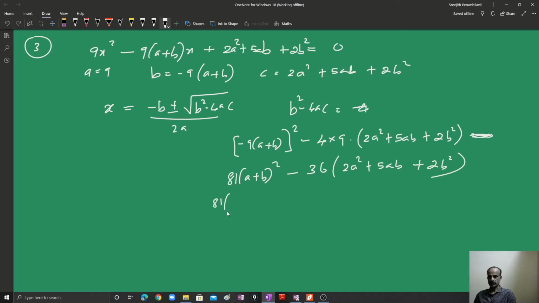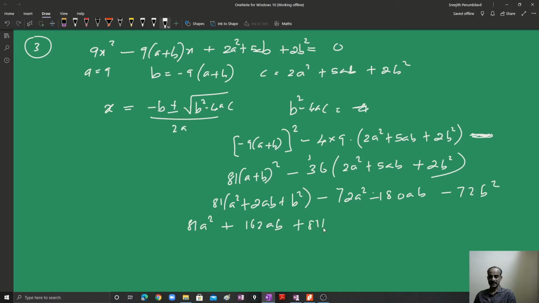This is 81 into a square plus 2ab plus b square minus 72a square minus 180ab minus 72b square. This is 81a square plus 162ab plus 81b square minus 72a square minus 180ab minus 72b square.